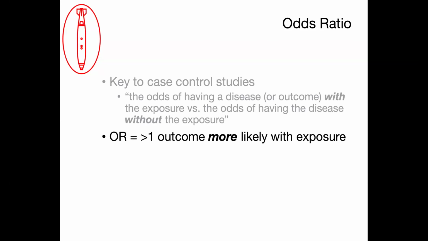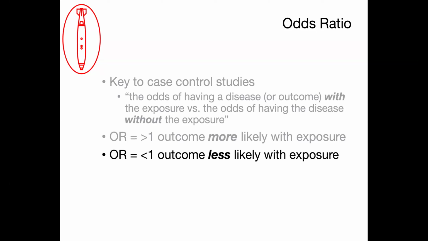If the odds ratio, and we will go through calculating it later, is greater than 1, the outcome is more likely with exposure. For example, if you smoke cigarettes, you are much more likely to get lung cancer. If the odds ratio is less than 1, the outcome is less likely with exposure. So it's said to have a protective effect.